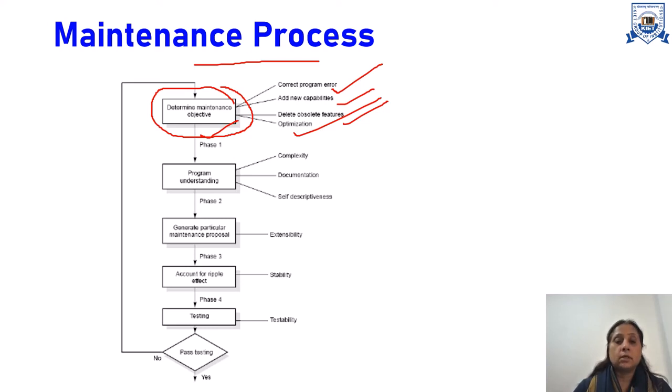We study the existing program so that we can generate the maintenance proposal, for example how we will correct the error. After that, we account for the ripple effect: whatever changes are done, how they affect the other parts of the software. After that, your software will be tested. After testing, the change is either accepted or rejected.